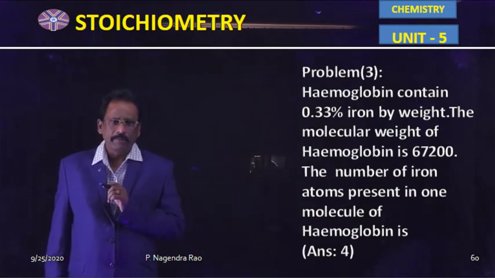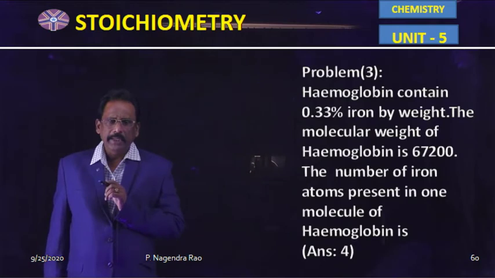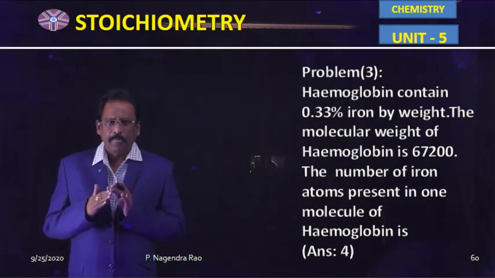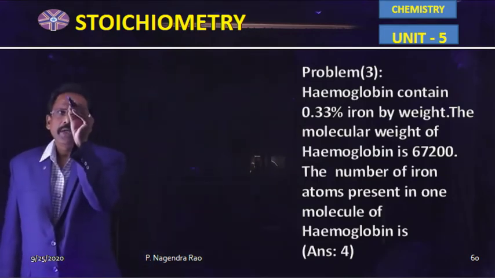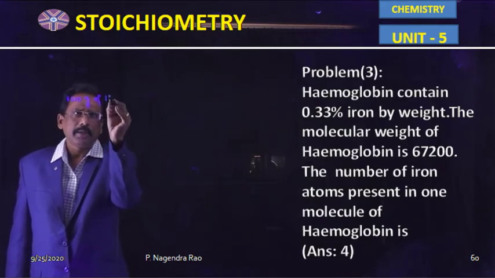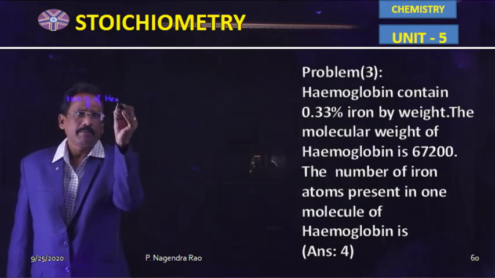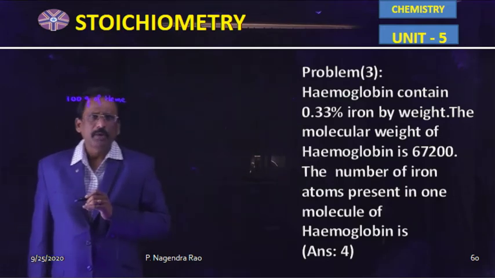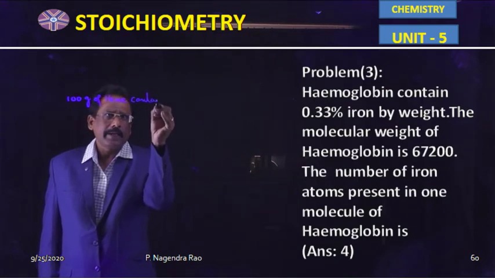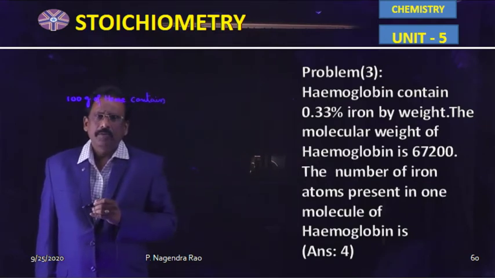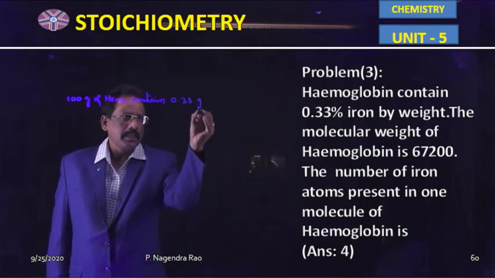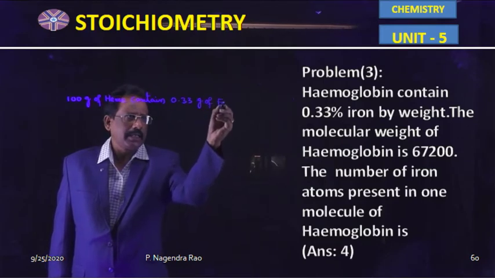So in this problem, hemoglobin containing 0.33% iron means 100 grams of hemoglobin, heme, nothing but hemoglobin, contain 0.33 grams of iron.